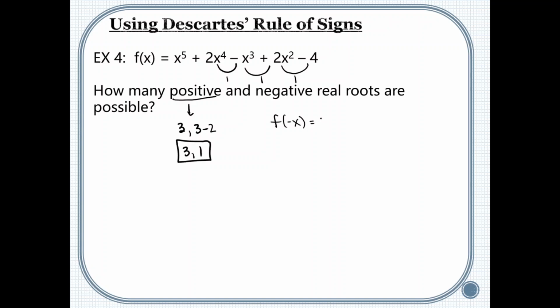So that means I'm going to put a negative x into the equation. Now when we do this, anytime the exponent is odd, it's going to keep the negative sign. But anytime the exponent is even, it will become positive.